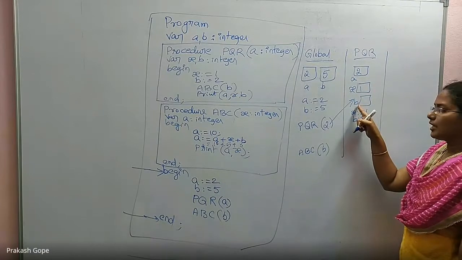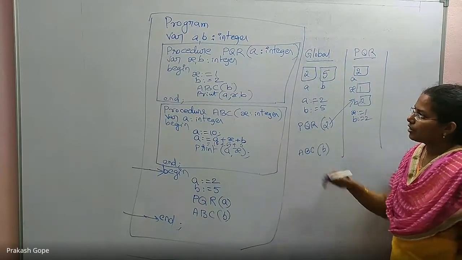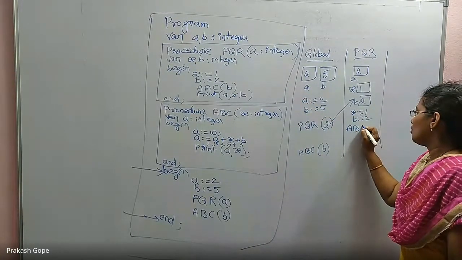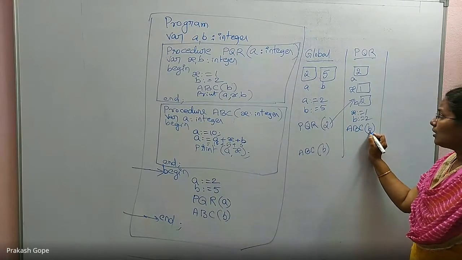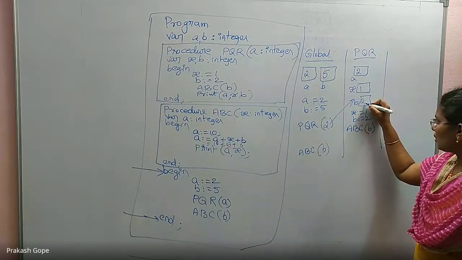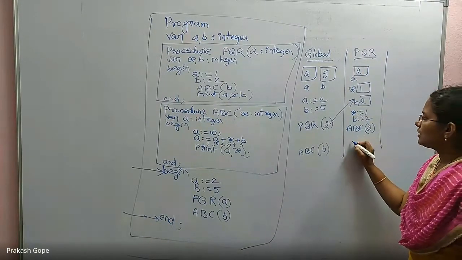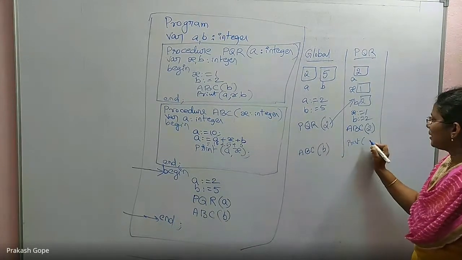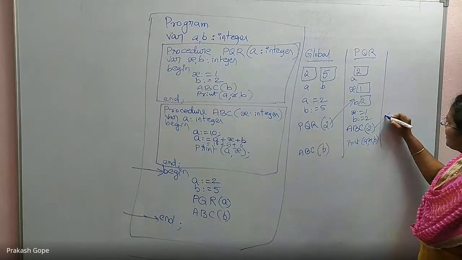B is the locally declared B, it is available, so place 2 in that B. Then call ABC of B. If I access B, which B? The locally declared B is available, so I will access that B: 2. Of course, there is a statement I need to execute, but once I execute this call and come back, that's when I will look at it.